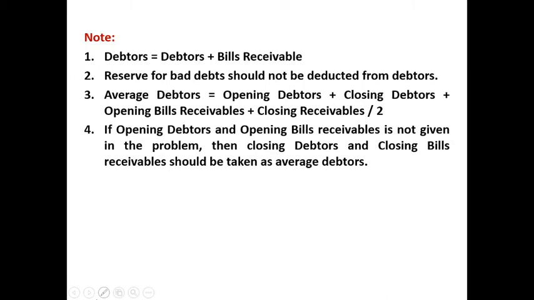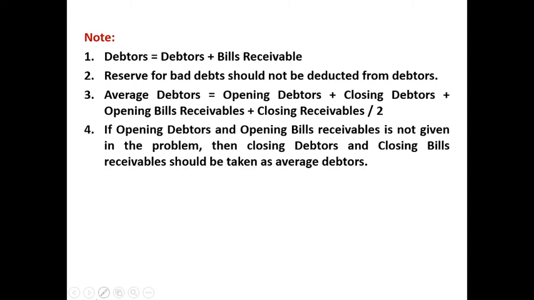Note, here debtors means we should not take only debtors, we have to take debtors and also bills receivable. Then, in the second note, reserve for bad debts should not be deducted from the debtors.